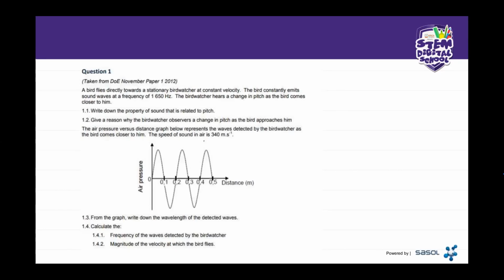So we're moving on now. We're moving to the Doppler effect. Okay. So you see, we're going through the topics according to the terms as they've come. So we're moving on from mechanics to the Doppler effect.